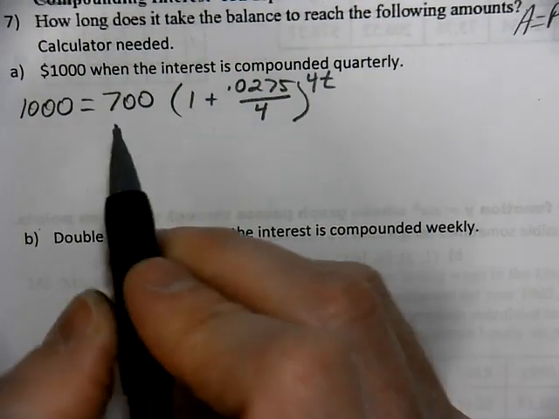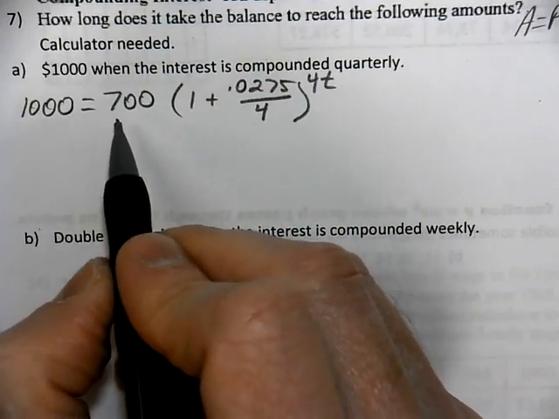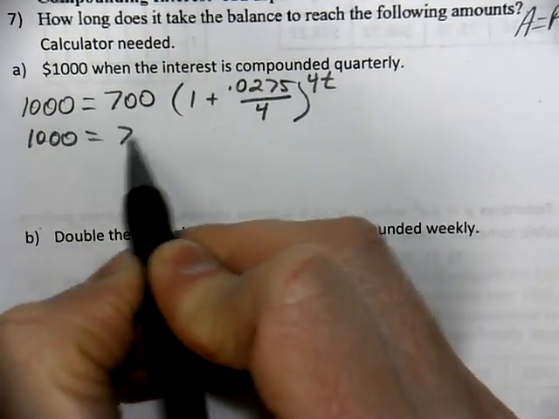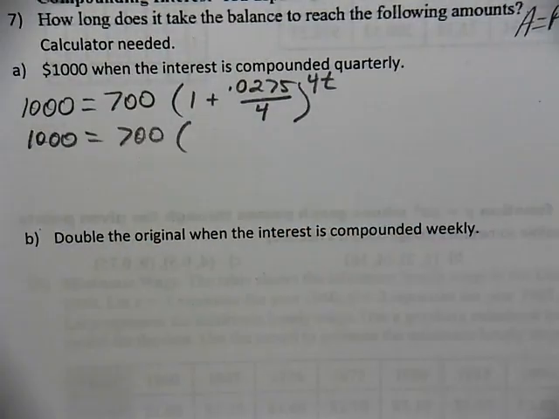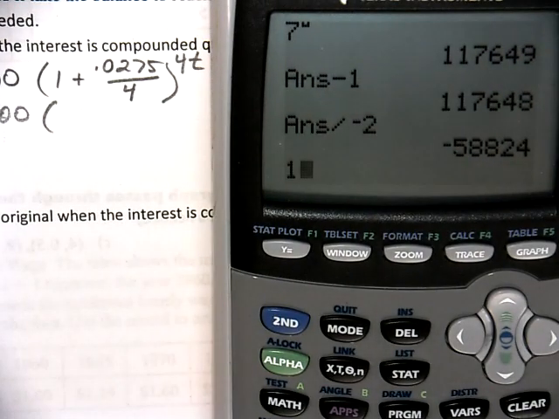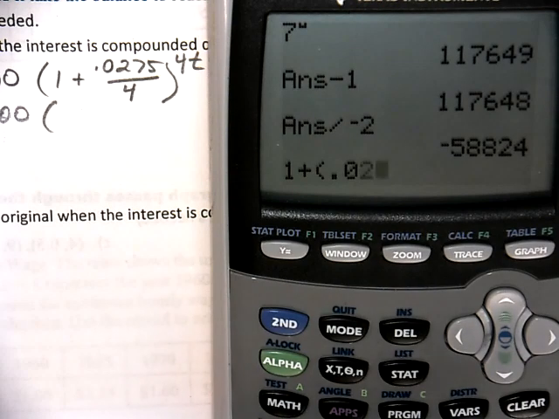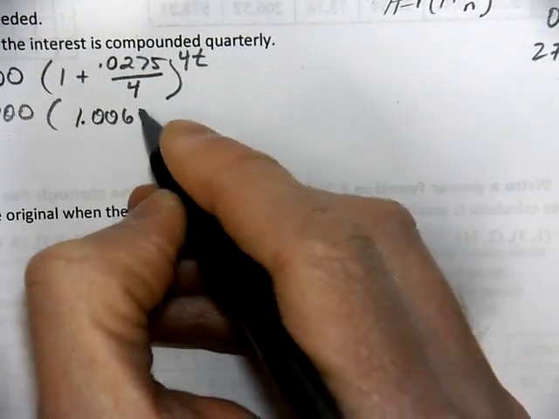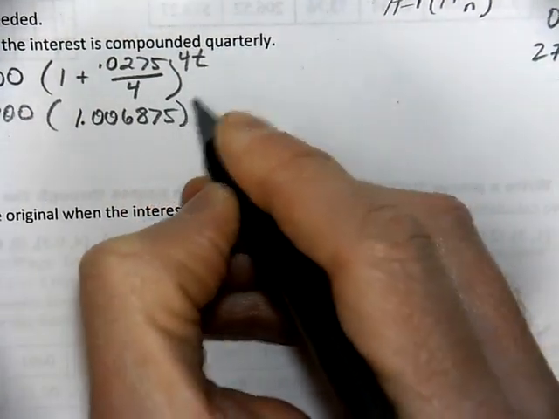So when we look at this, we can figure out what 1 plus 0.0275 divided by 4 is. That comes out to be 1.006875.